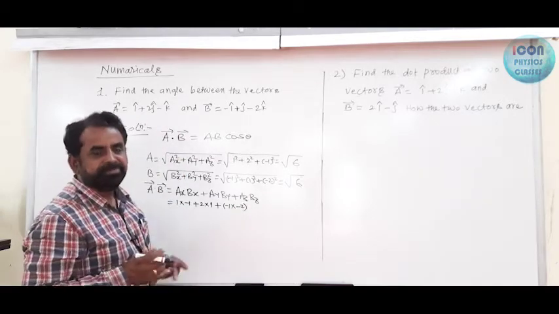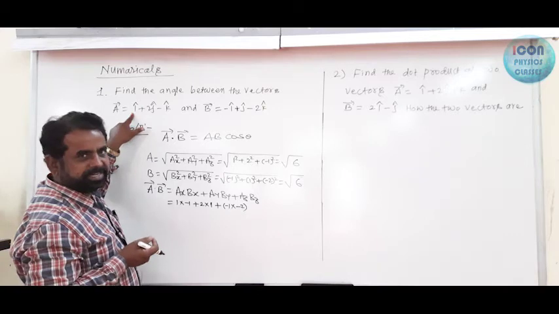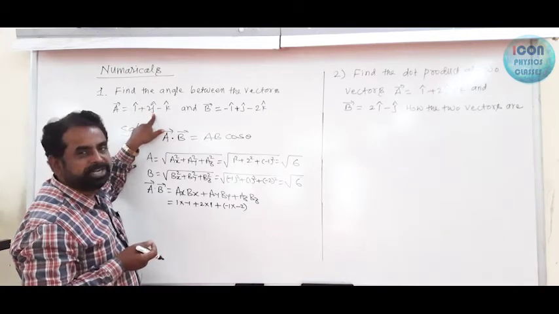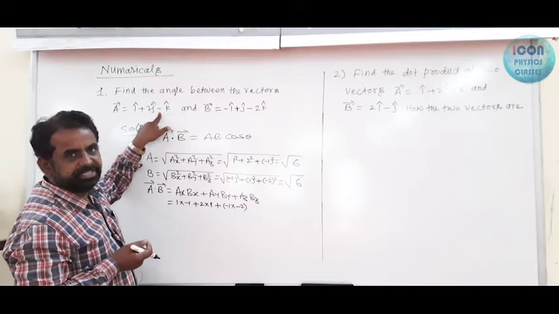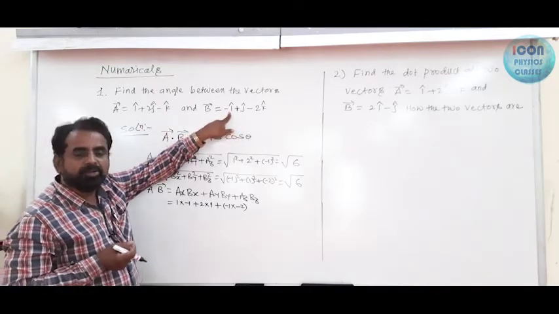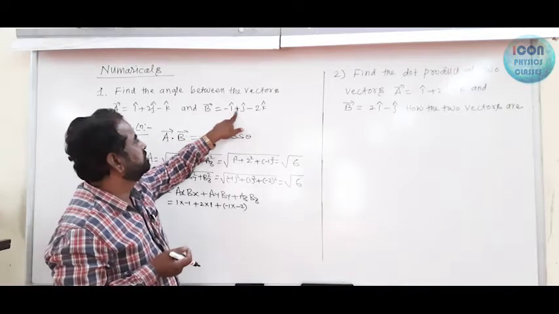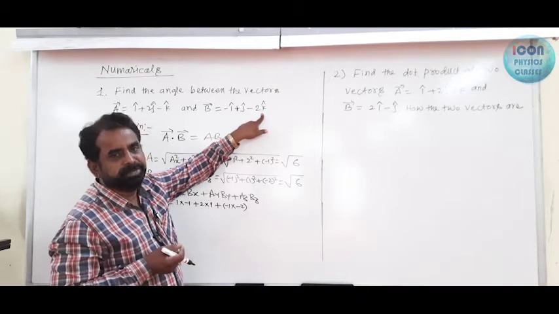Do you understand here? I coefficient Ax, j coefficient Ay, k coefficient Az. Similarly, i coefficient Bx, j coefficient By, k coefficient Bz.